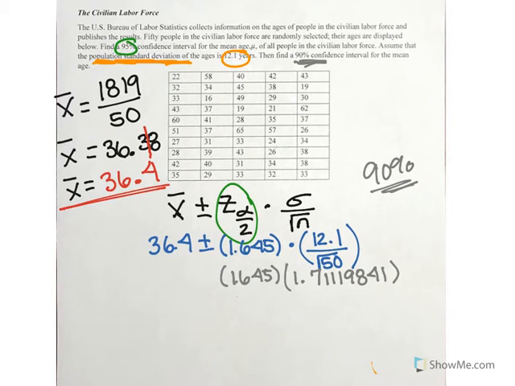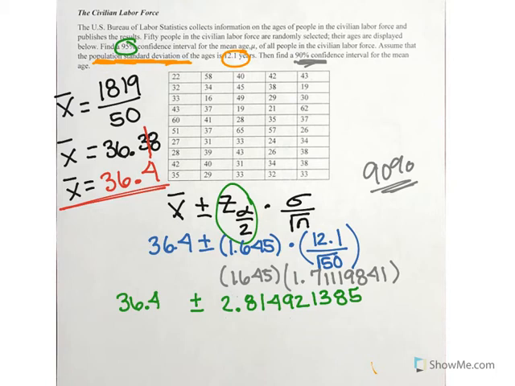And that would give us a margin of error of 2.814921385 that we're going to add and subtract from 36.4.